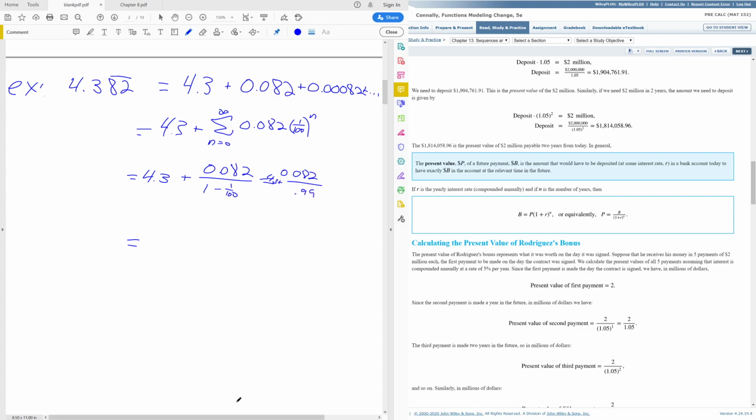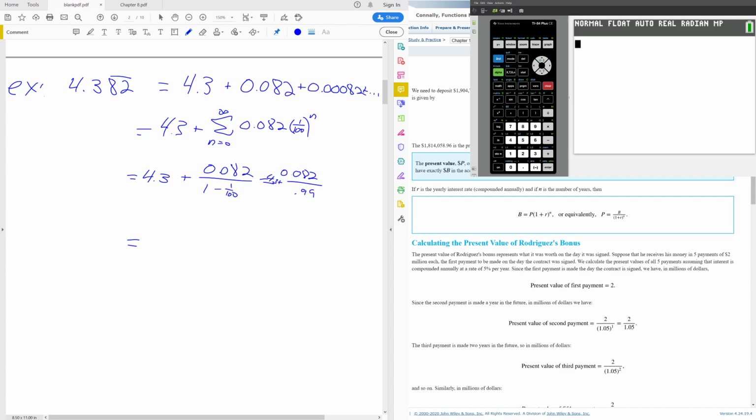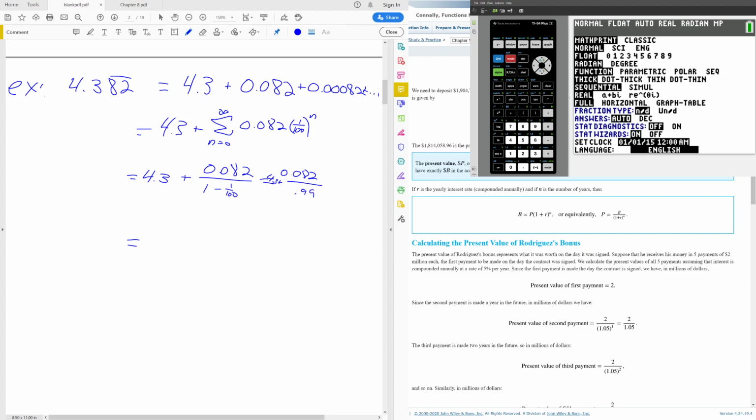And so if I bring up the calculator, I'm going to want a fraction as my answer. So I'm going to go to mode, and I'm going to want my answers to be exact.